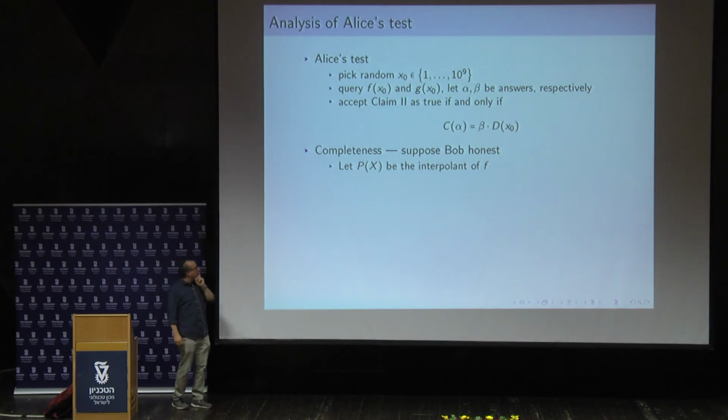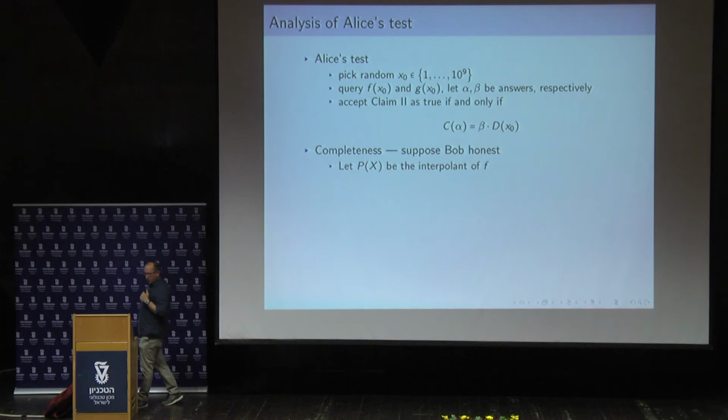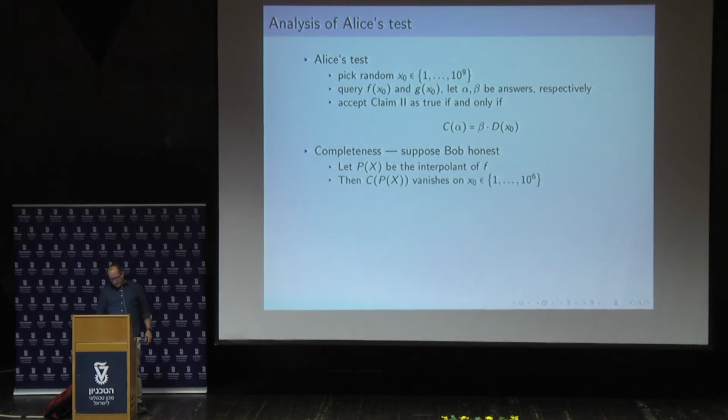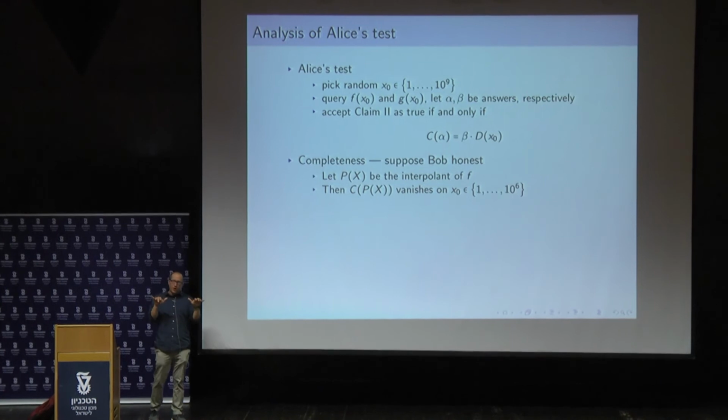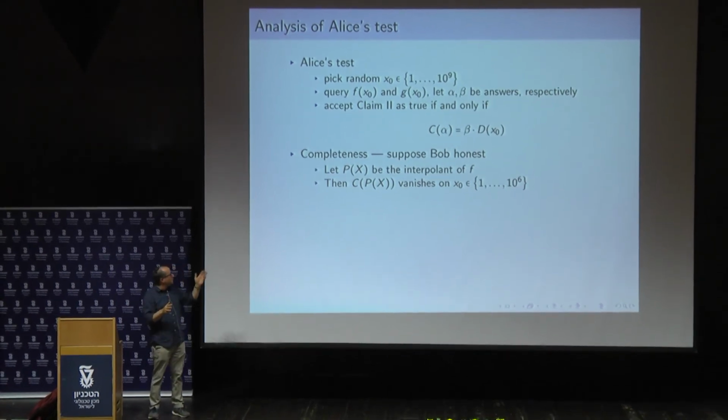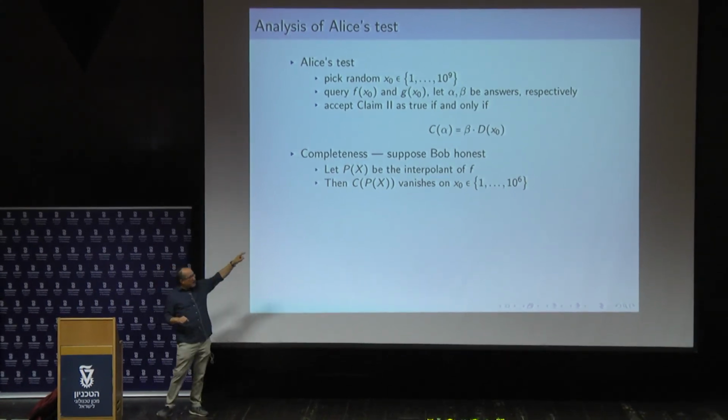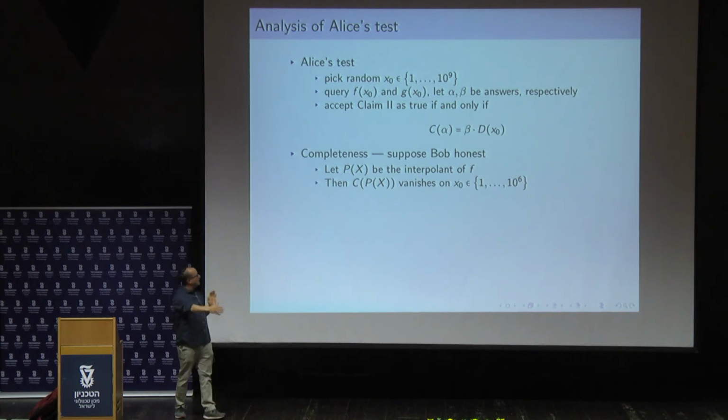So suppose Bob is honest. What does it mean? It means that the polynomial P of x that is really the description of f is a good one. It really evaluates to between 1 to 10 on all numbers between 1 and 1 million. Now, if we plug this polynomial as an input to the other polynomial, we get something that vanishes on the first million entries.